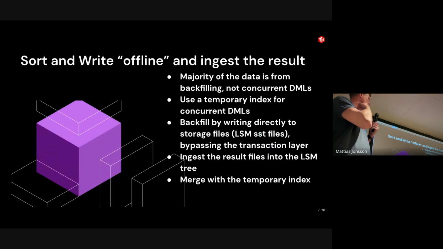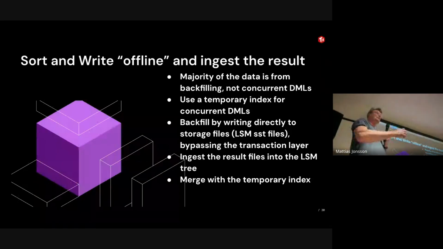So what we did was take the big reorganization, to read everything, sort it, and then write it. Since we're using RocksDB, an LSM tree, we can actually do this in an offline version. You can even put it into new nodes that are not used for serving frontline usage.